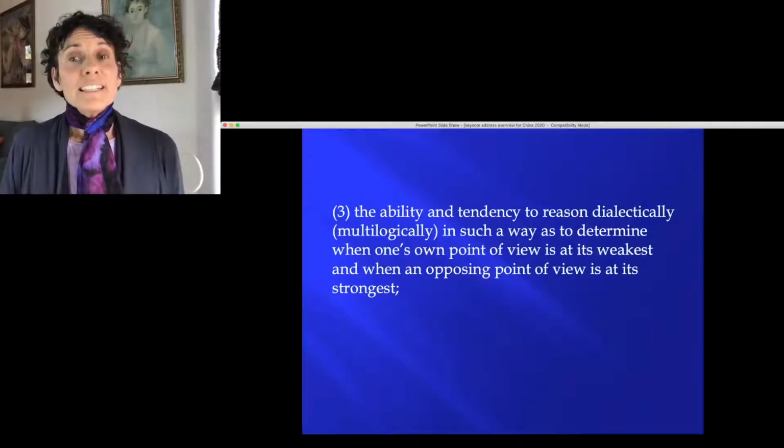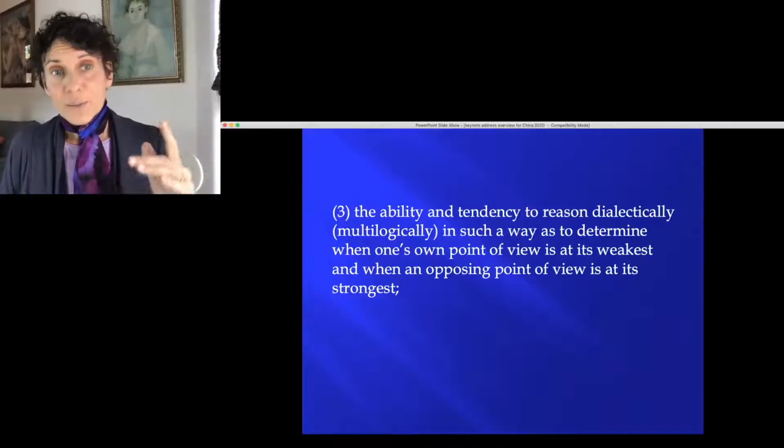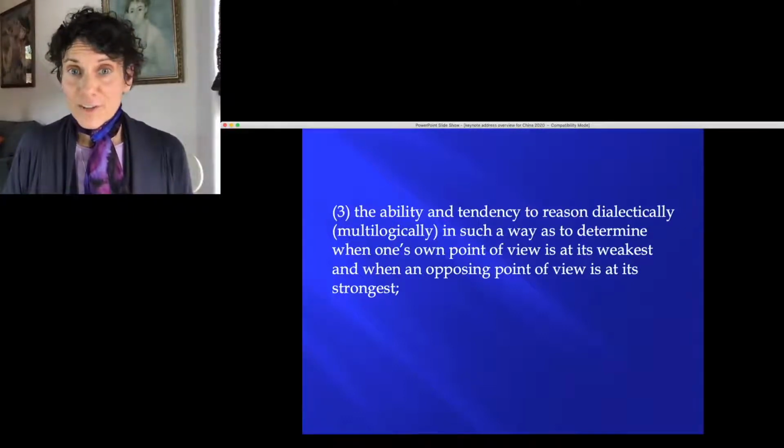The ability and tendency to reason dialectically, multilogically, in such a way as to determine when one's own point of view is at its weakest and when an opposing viewpoint is at its strongest.